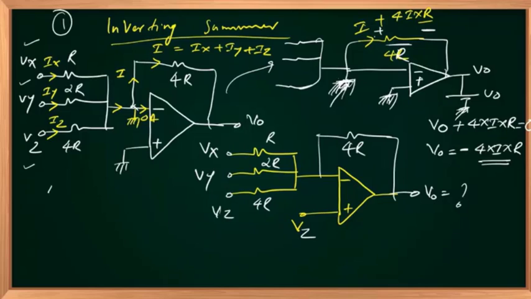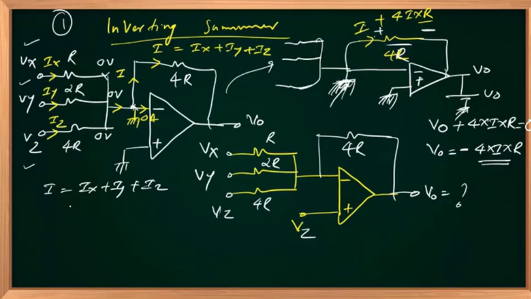And my I is the sum of Ix plus Iy plus Iz. Ix is nothing but, based on Ohm's law, this potential is at 0, this is also at 0 volt, V plus equal to V minus, V plus is grounded, V minus is also at ground.